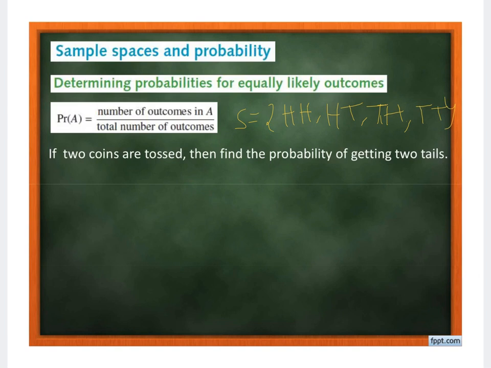Find the probability of getting 2 tails. So the probability is 1 over 4. Only one outcome has 2 tails, over the sample space of 4. So 1 over 4.